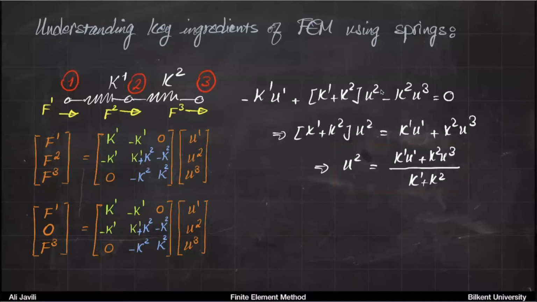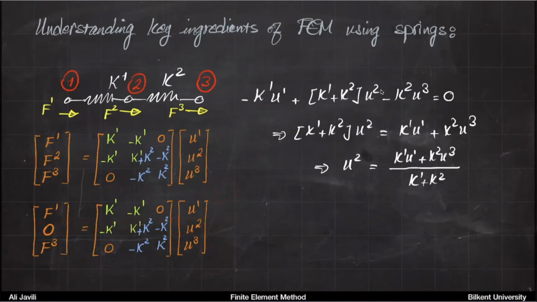What we did here was looking into the second line. Now I want to write the first line and the third line, impose this constraint into them and see where we get. So I want to write F1 and F3 and see what happens.